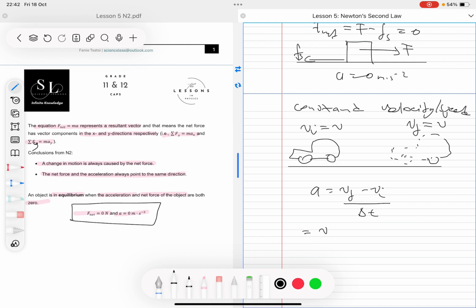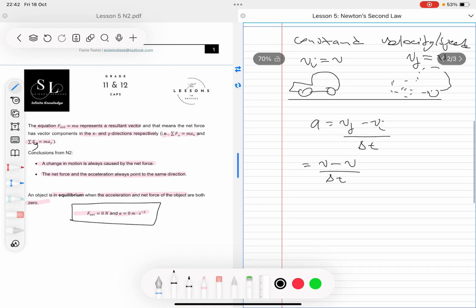Now, our final velocity is v, and our initial velocity is also v. So we'll substitute v there, and then we have change in t. Now v minus v will give me a 0.